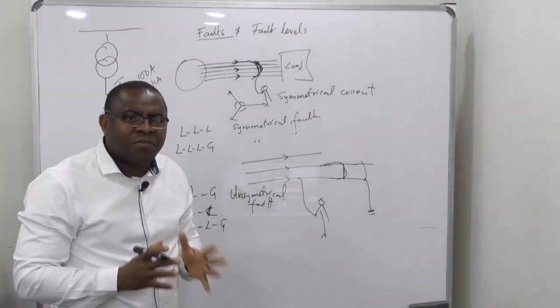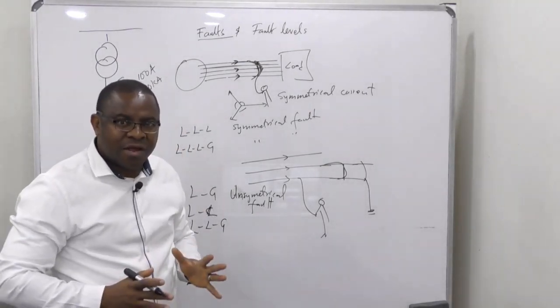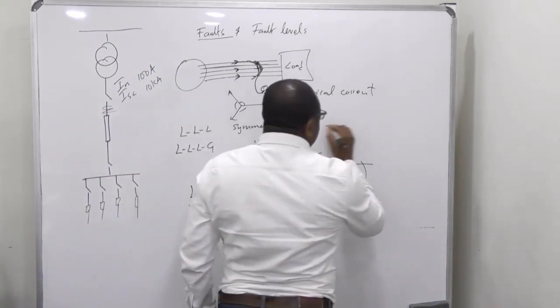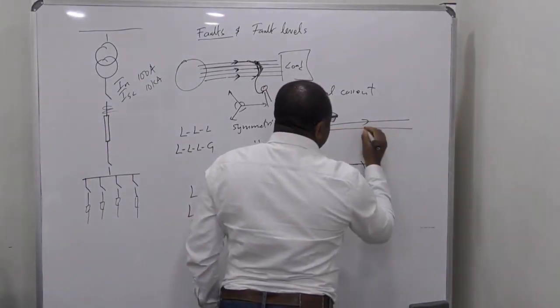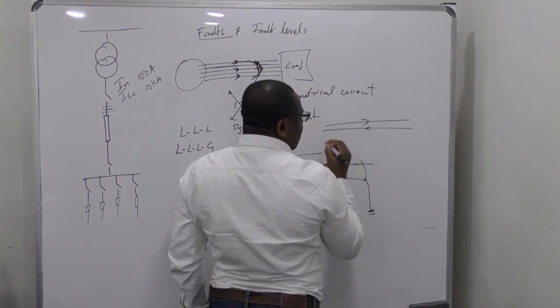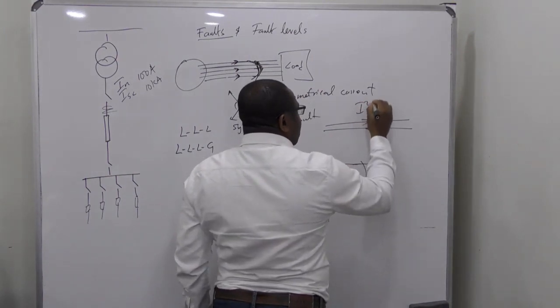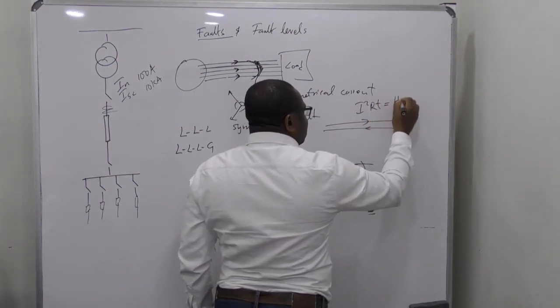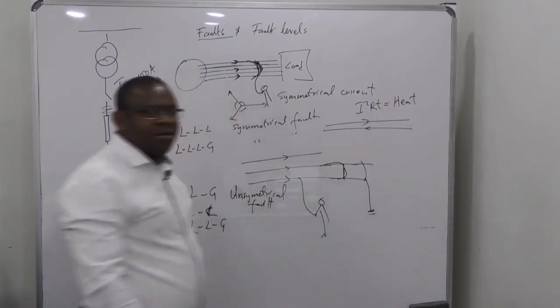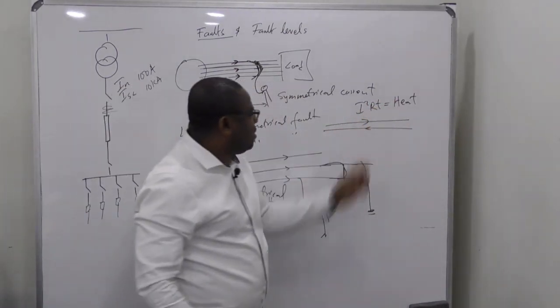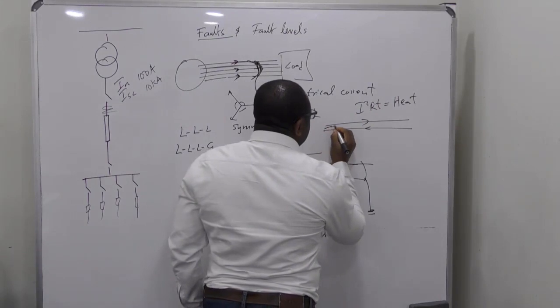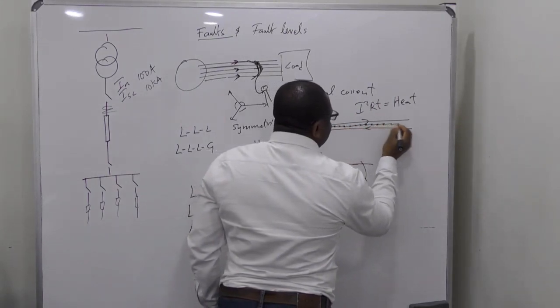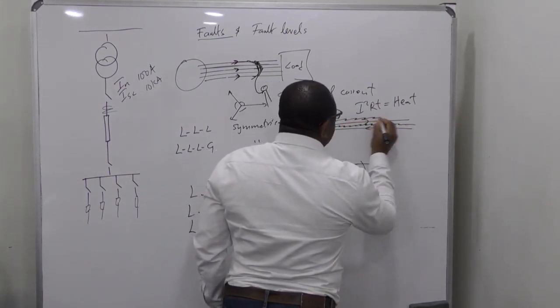It's very important for us to size our cables properly. When current flows through a conductor, there is always I squared R T, which is heat loss. This heat can easily melt this insulation.